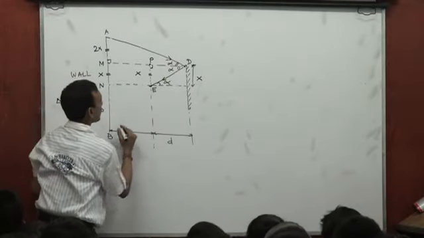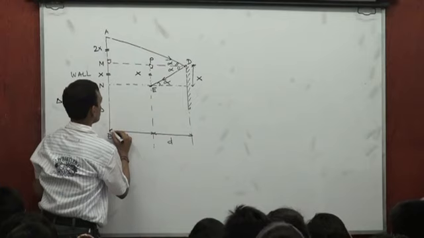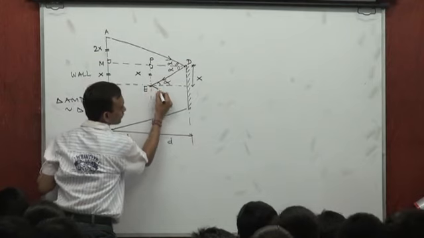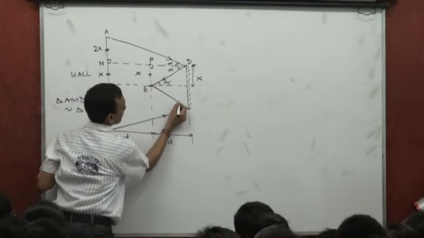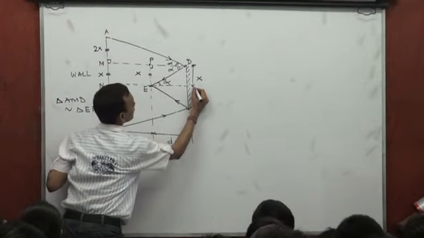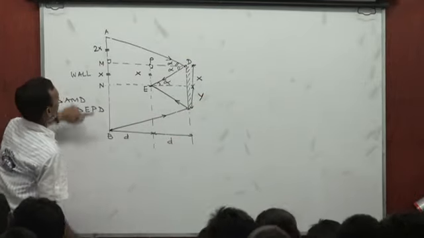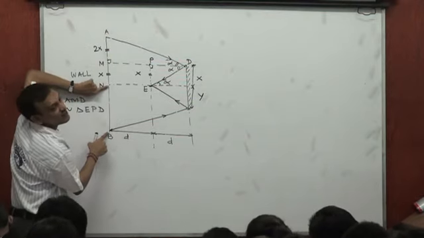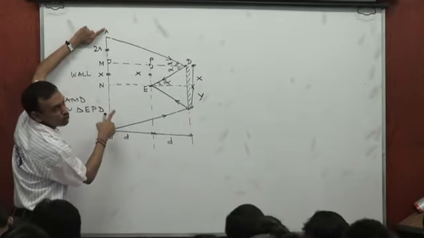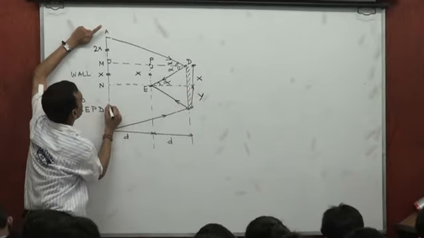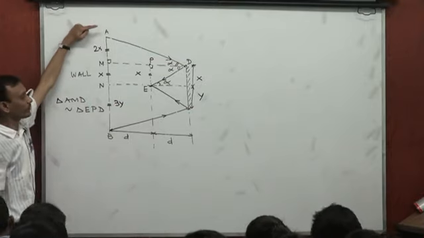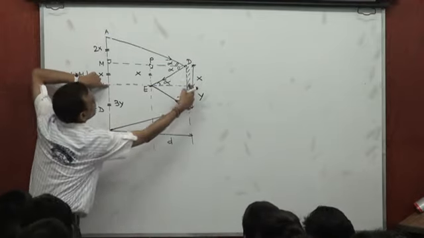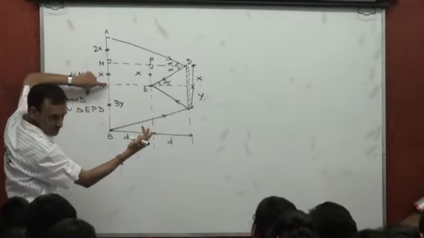Similarly, look at the point B. See, this is y, this is y. And the manner in which we got NA as 3x, NB in exactly the same manner would turn out to be 3 times y. Exactly the same geometry, right?